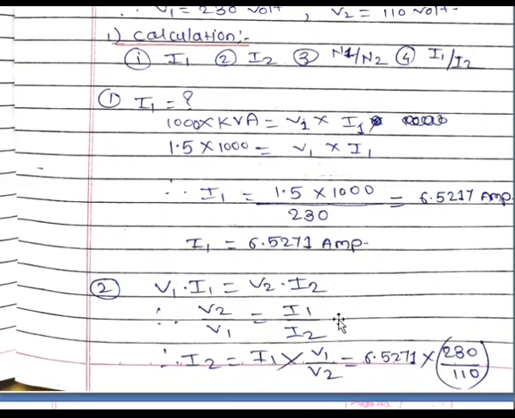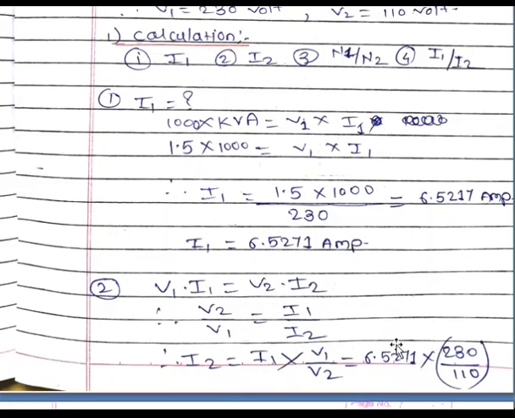Now we transfer I2 to the left hand side, and the V2 by V1 ratio is transferred to the right hand side. Now the formula for I2 is I1 into V1 by V2.